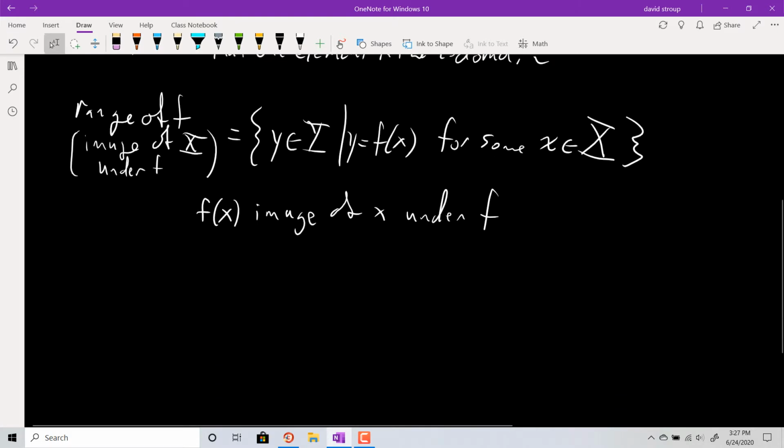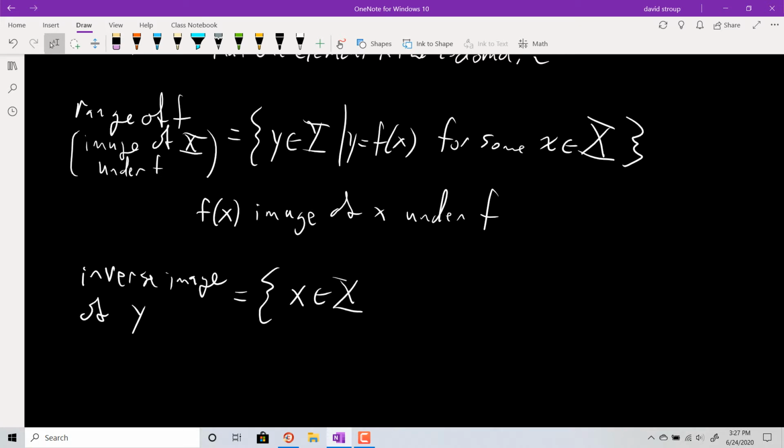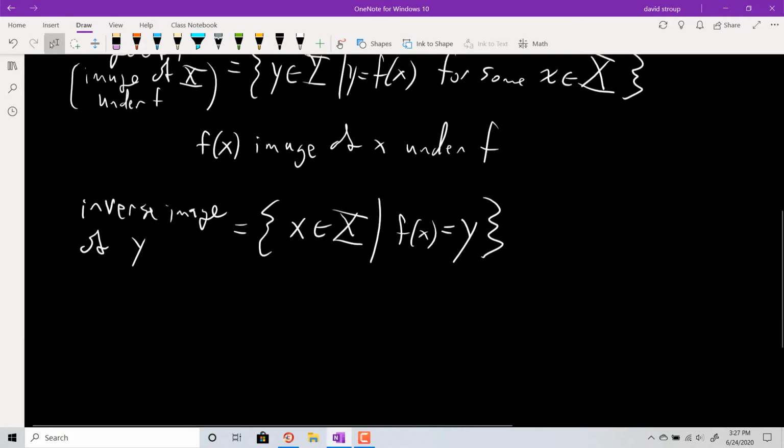Okay. Then the other guy, the inverse image of y, is going to be the set of all x in the domain such that f of x is equal to y. Okay. For some y in the codomain. Okay.